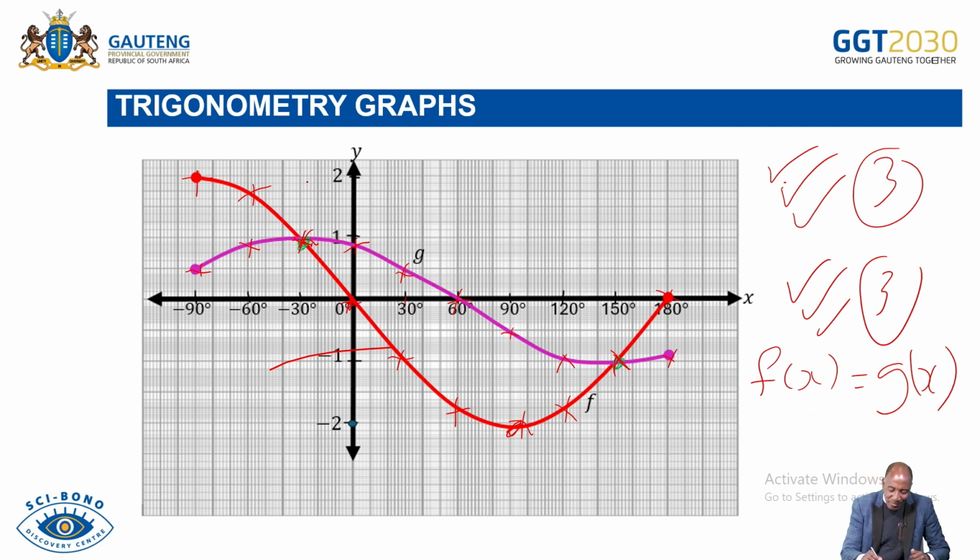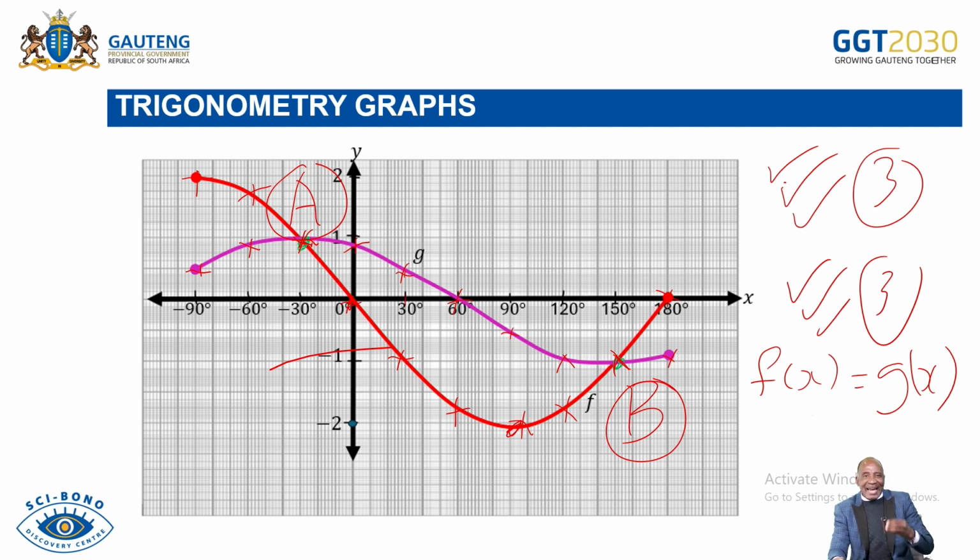They meet at some point here, A. They meet again at some point there, B. These 2 points. That's where f of x is equal to g of x. So you have to identify now the x values.